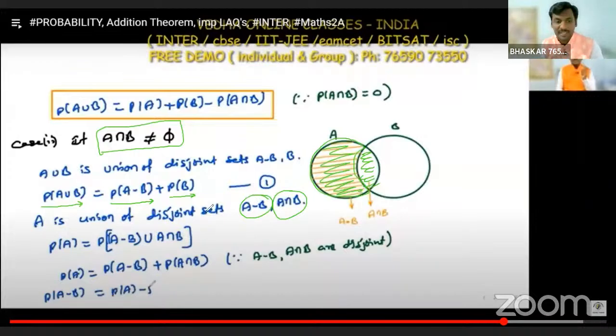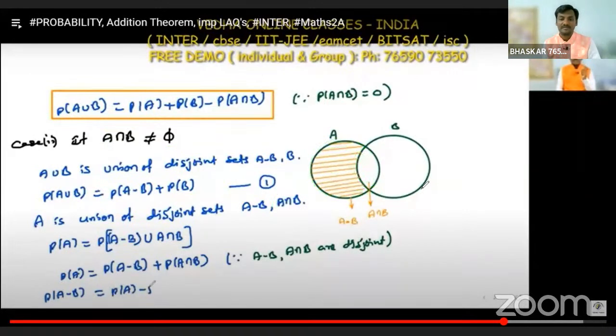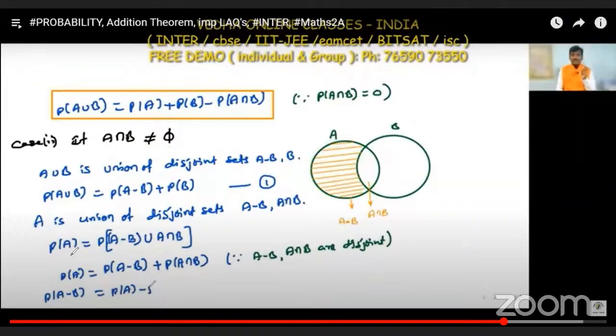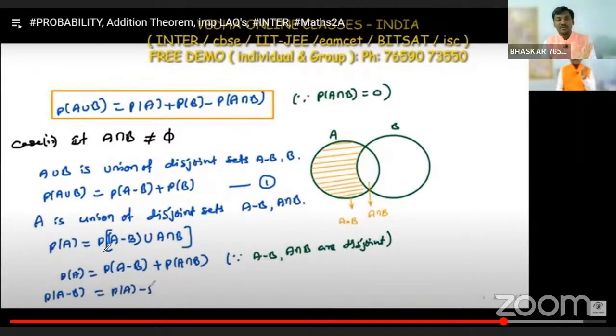Is it clear? Are you following? Now probability of A is equal to probability of A minus B union A intersection B. The union of these two is A, and these two are disjoint sets.